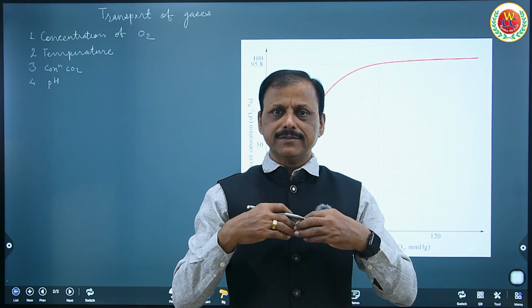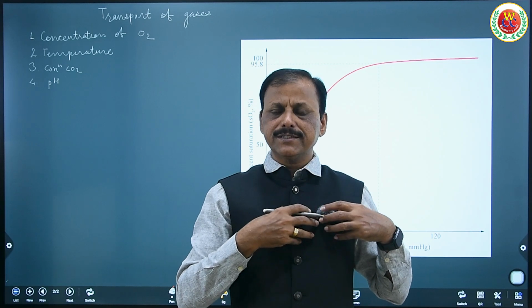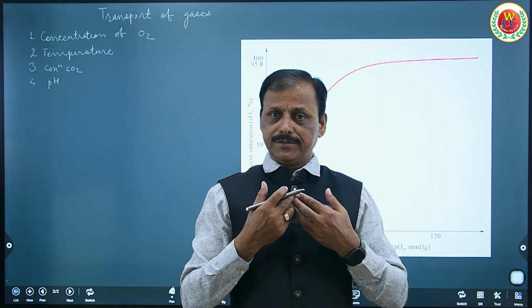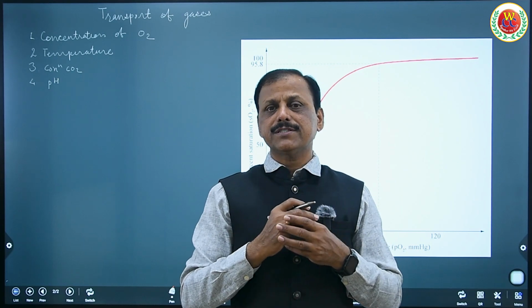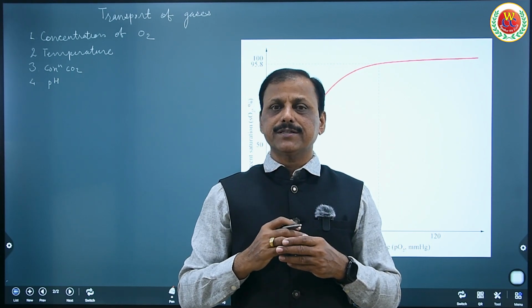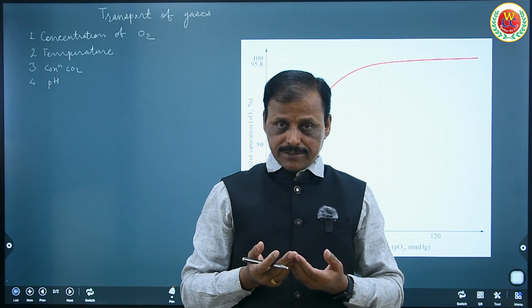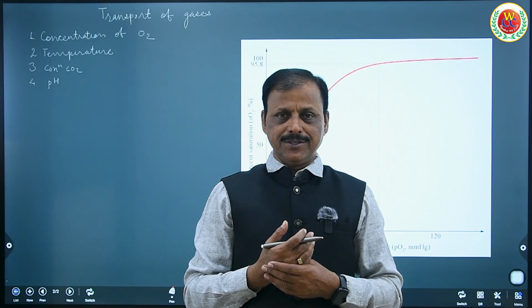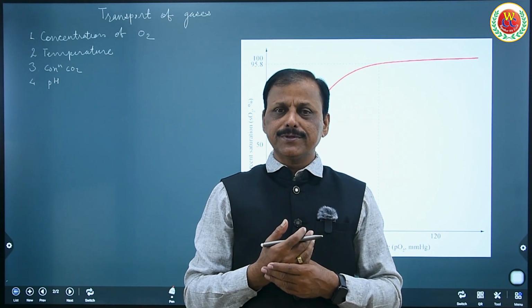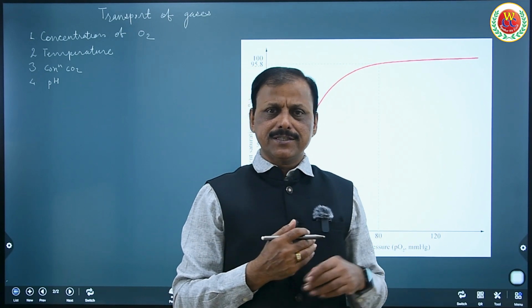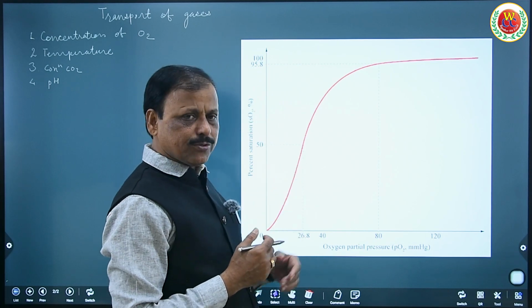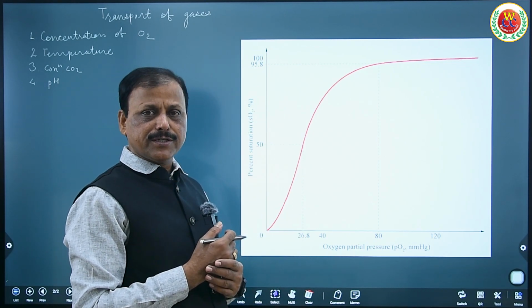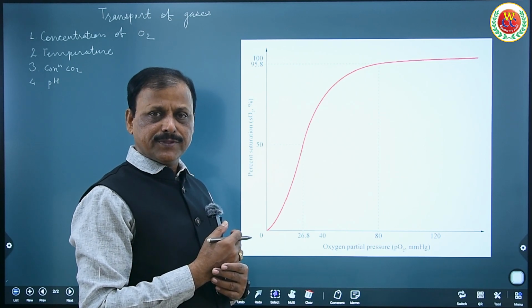When we inhale, the condition at the site of lung is different, and when the oxyhemoglobin-containing blood reaches each tissue where oxygen is to be delivered, the condition at the site of tissue is different. Let us understand the curve shown in the book. This is called the oxygen dissociation curve, as the heading is given in your book.